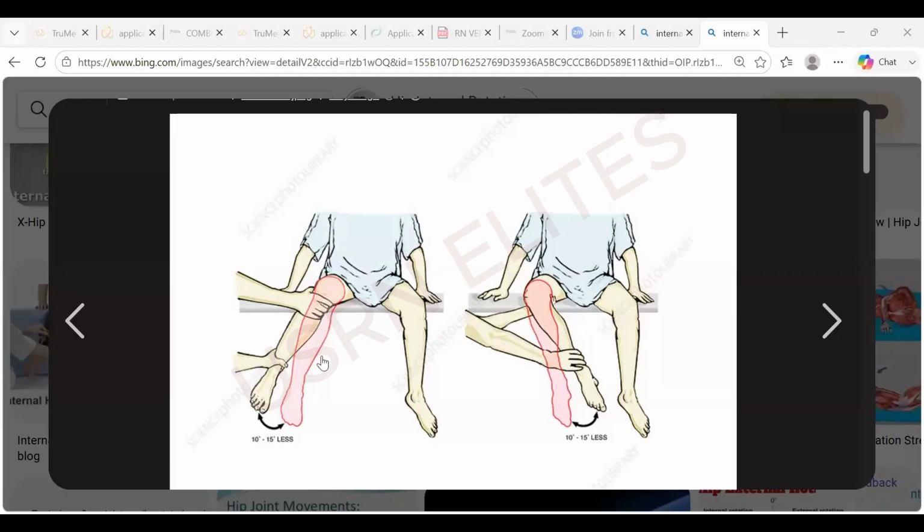When there is external rotation, what happens to the hip? Will it move towards the center or away from the center? Towards the center. And that is called what? Internal rotation.